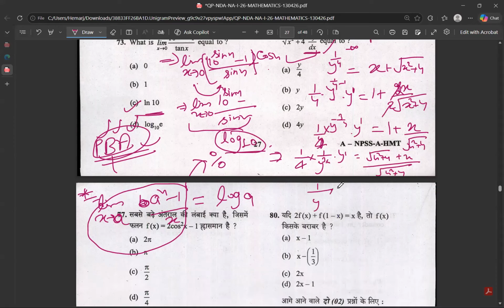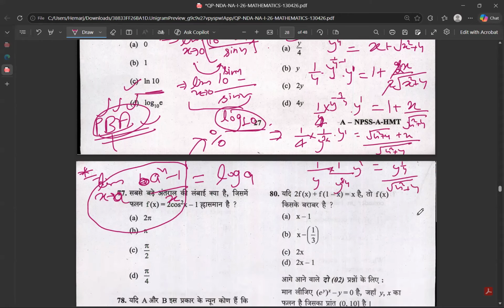So 1 by 4 into 1 divided by y to the power 3 by 4 into y dash, this whole is equal to y to the power 1 by 4 divided by root x square plus 4. Now if you multiply y to the power 3 by 4 with y to the power 1 by 4, this whole will become y.